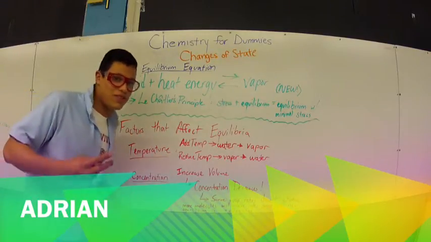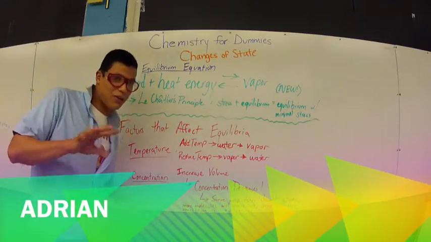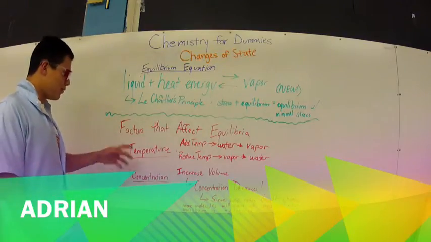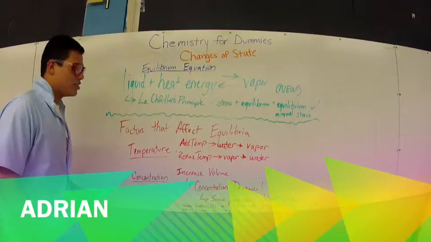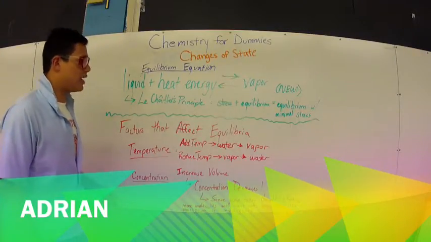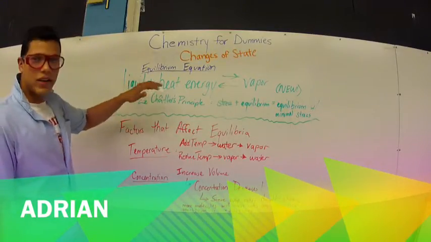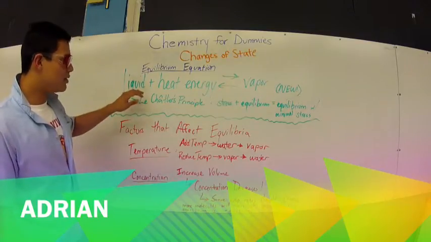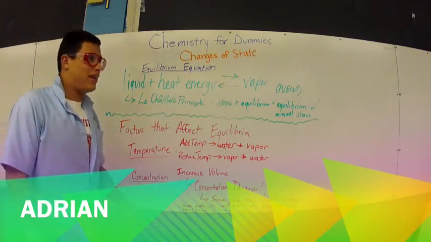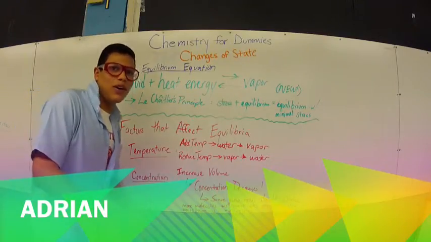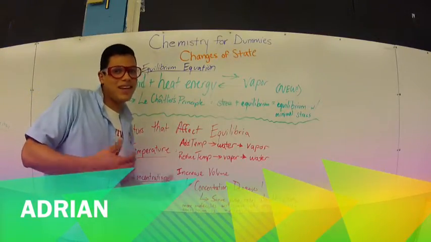Okay, here we have factors that affect the equilibrium. We have two major ones. The first one is temperature. When you add temperature to an equilibrium, there's a chance that it's going to add more energy. For example, if you add temperature to this, you're going to convert the liquid into vapor. You know, like when it rains, water falls, it gets hot, it goes back up to the sky.